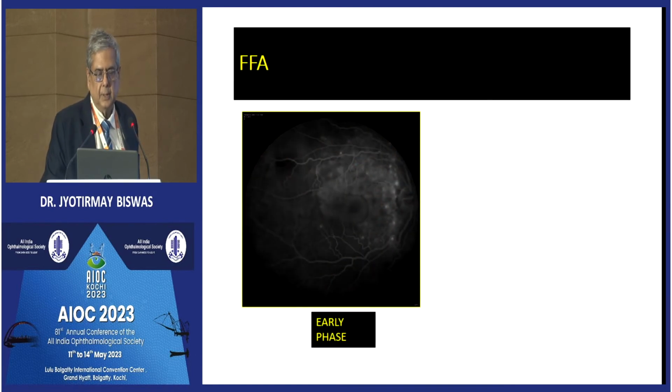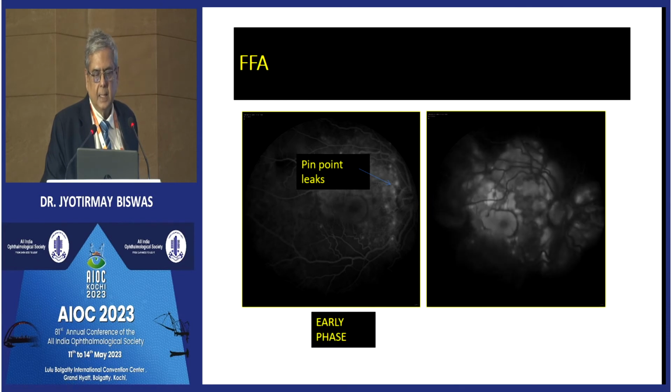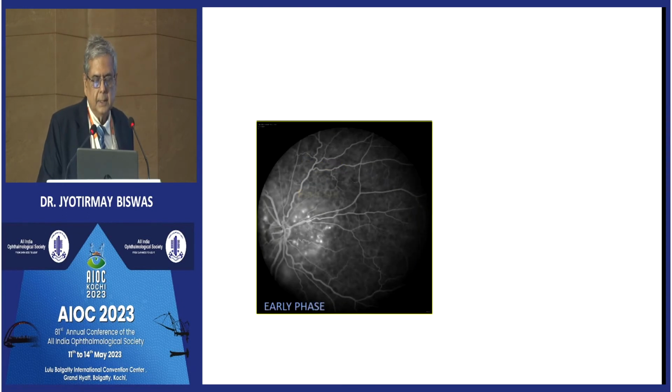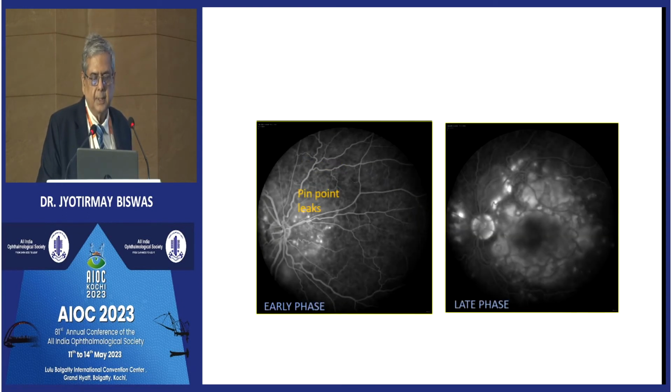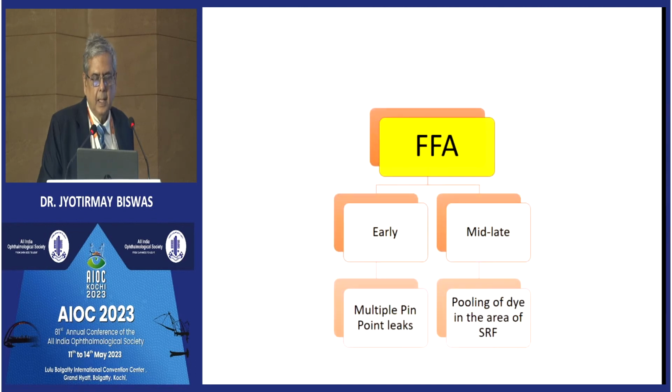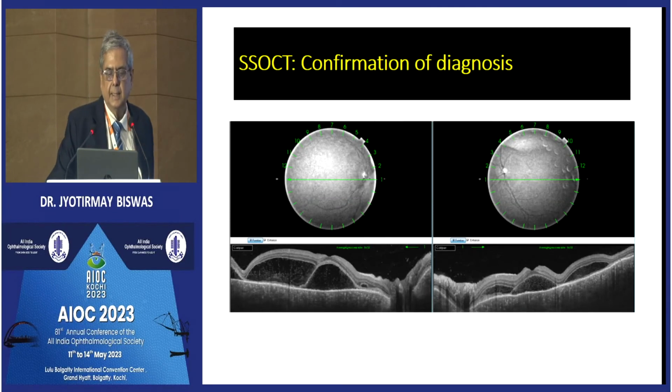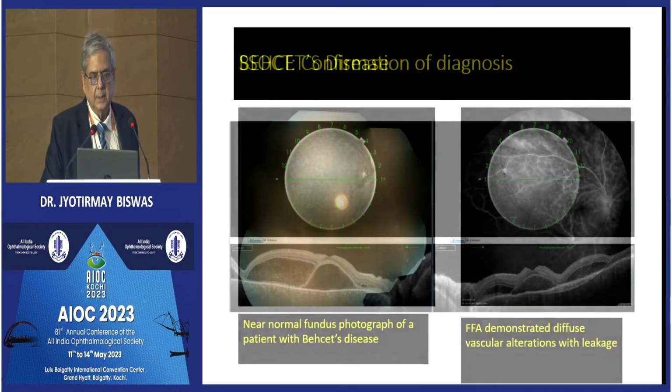Fundus fluorescein angiogram showed punctate pinpoint leaks, starry sky pattern, and pooling of the dye in the late phase. This is the other eye, with a symmetrical picture. Early there are multiple pinpoint leaks, and mid to late pooling of the dye. Of course, Web-based diagnostic criteria have now come and aided in the diagnosis.